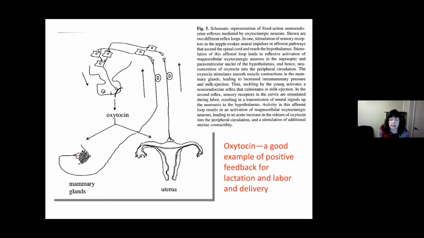And basically that's the so-called milk letdown. And if the baby suckles on one breast, there'll be milk letdown in the other breast, as nursing mothers know. So basically, this again is positive feedback from a neural stimulus, and here positive feedback from pressure on the uterine wall.